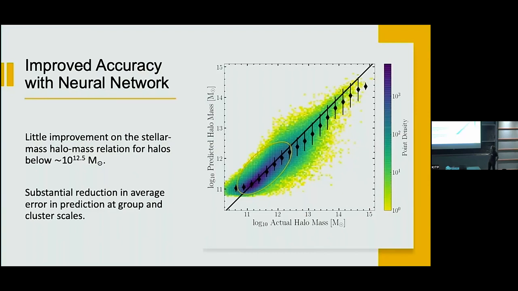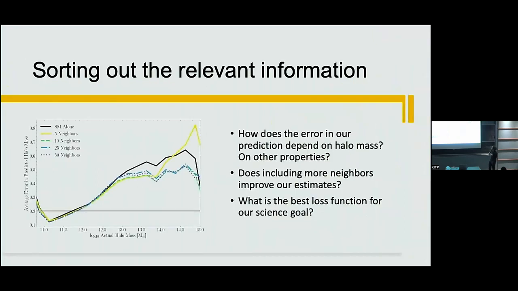So these are the results on Bolshoi-Planck. In this region where most of our halos fall, it's performing pretty well. If we go to higher halo masses, the scatter starts to get a bit larger, but it still performs quite a bit better than a prediction from stellar mass alone, which is what I'm going to show now.